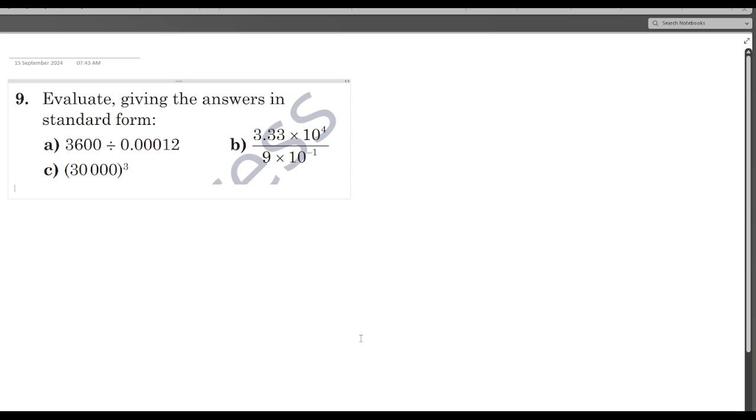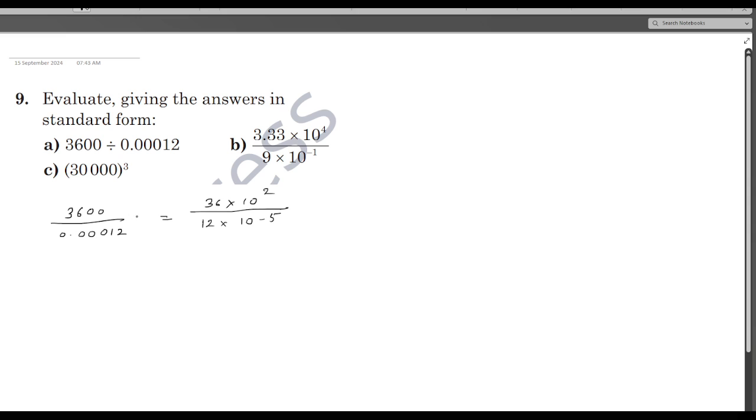Now ninth question. Evaluate giving the answers in standard form. So we have 36,000 divided by 0.00012. What I can do? This 36,000 I can write as 36 times 10 power 3, and this I can write as 12 times 10 power minus 5.